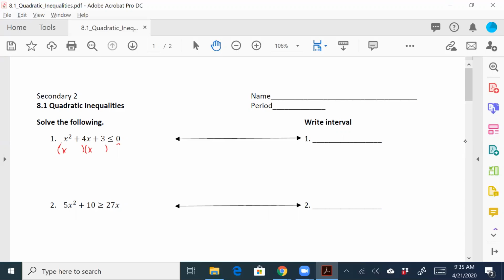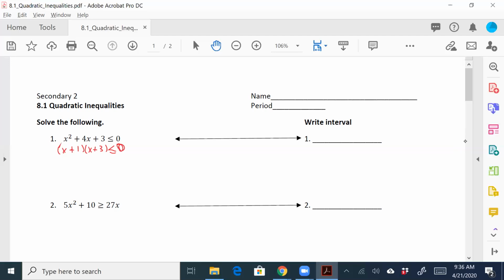So in this case, I'm looking for two numbers that multiply to 3 and that combine to 4. And so that would be 3 and 1, and they would both be positive. And then this is less than or equal to 0.